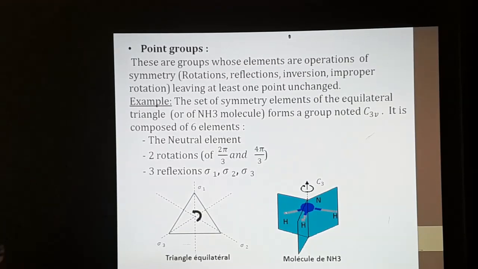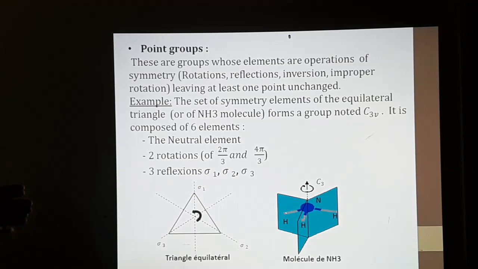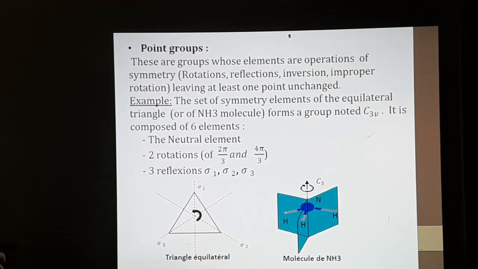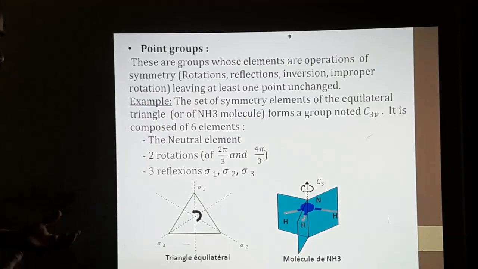We will define in chapter 4 the inversion and the improper rotation. So the elements of the group are elements of symmetry leaving at least one point unchanged.